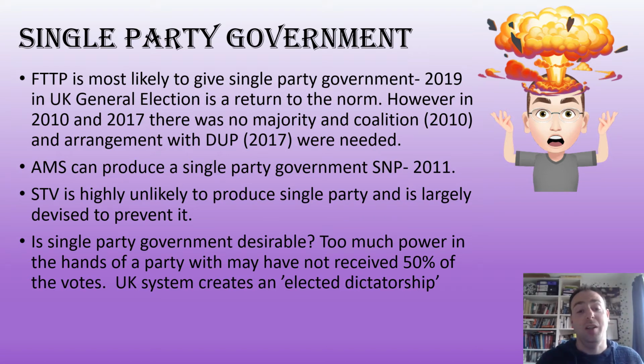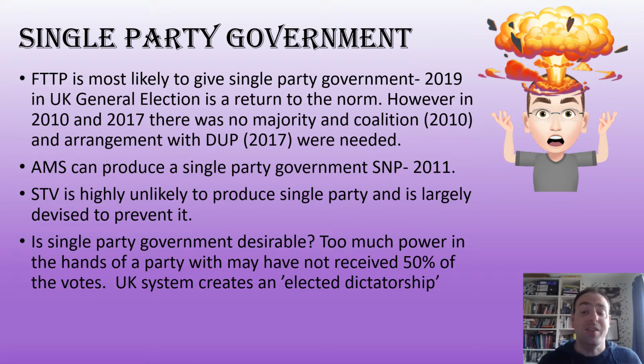So, for example, if a unionist party is the single party in government, then the nationalist community is not going to be very happy. So it's devised in Northern Ireland to avoid it.